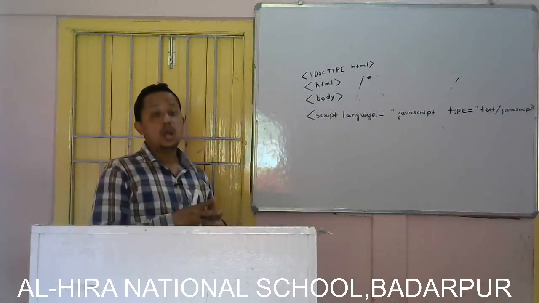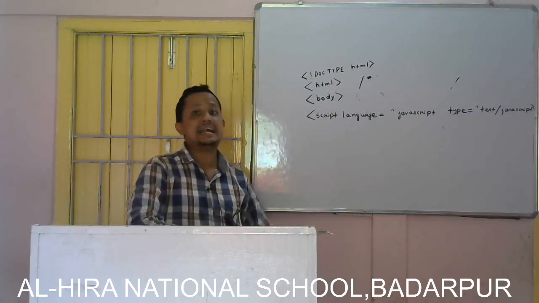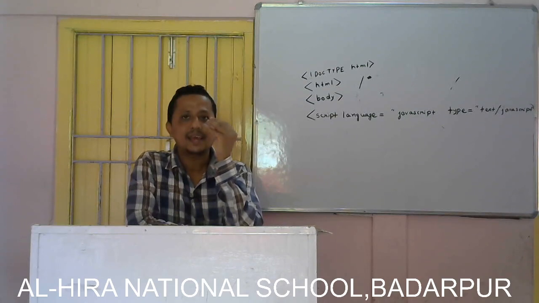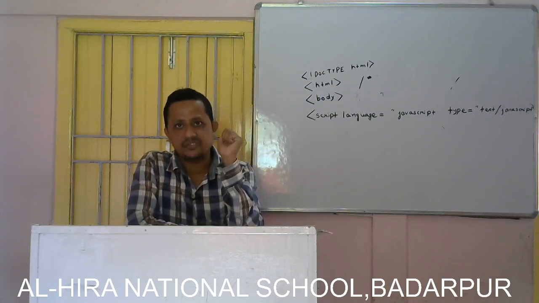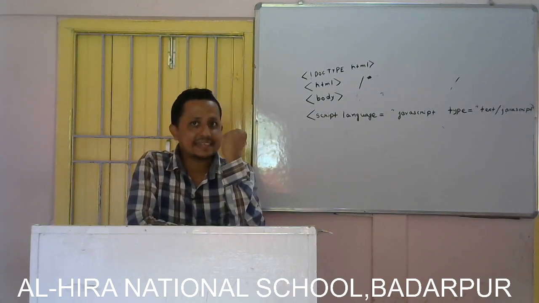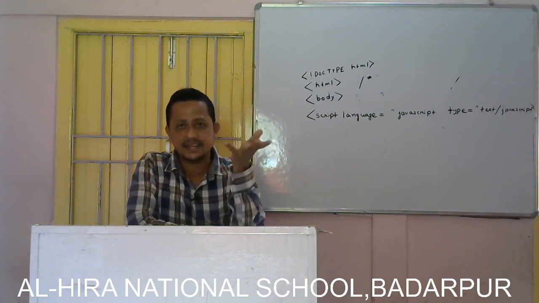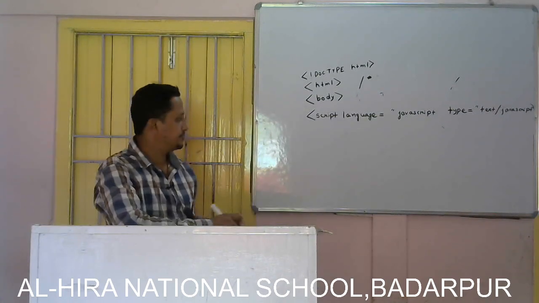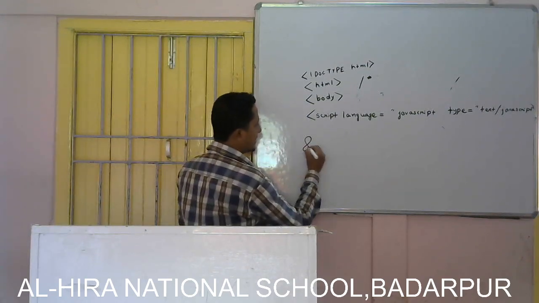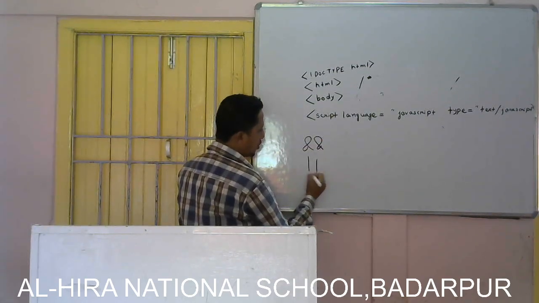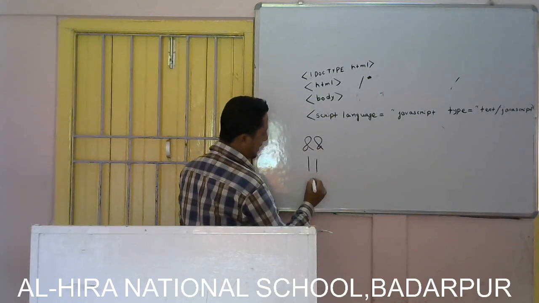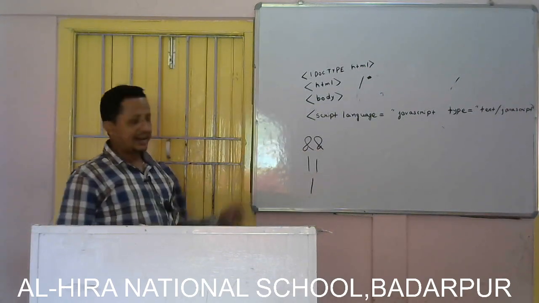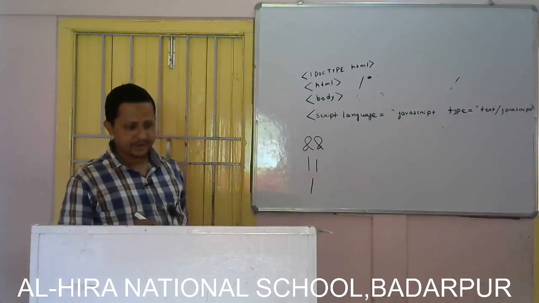Then we have logical operators. Computer is a logical device. It performs everything logically, how it is programmed. So there are three types of logical operations in a computer. In JavaScript, they are and, or, not.